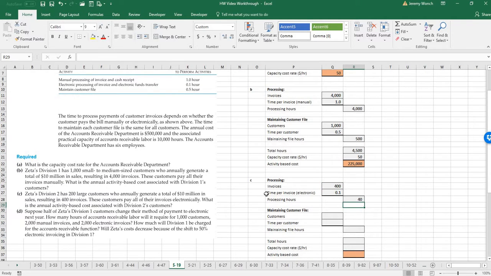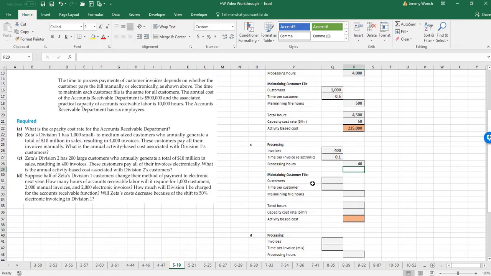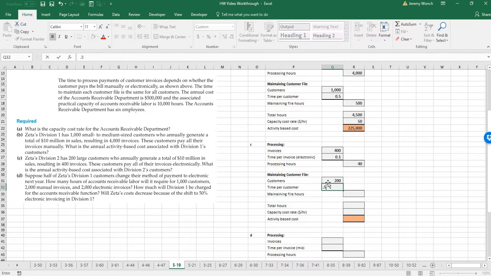So that means their total processing is 40 hours. The second activity is maintaining the customer file. They have 200 customers, and maintaining the customer file is a half hour each.